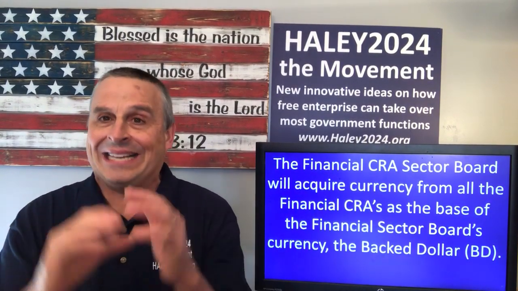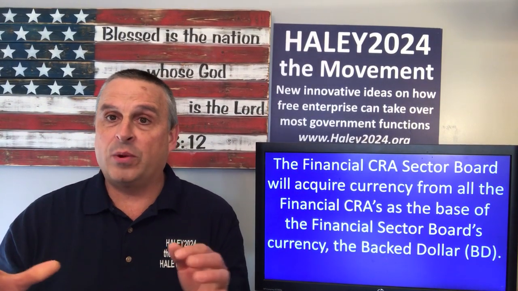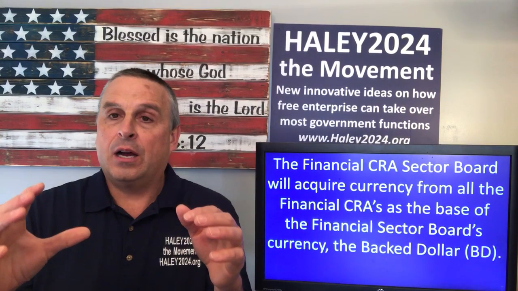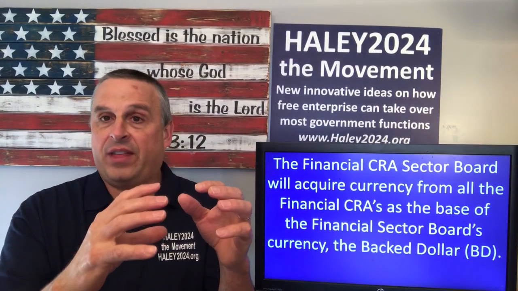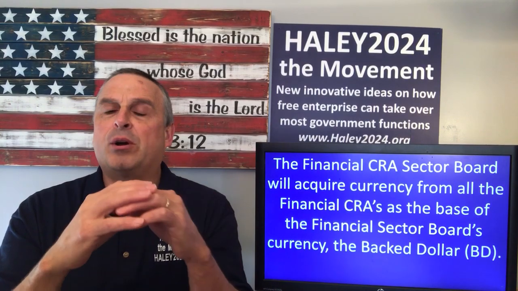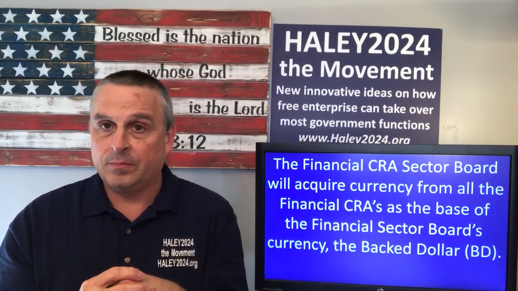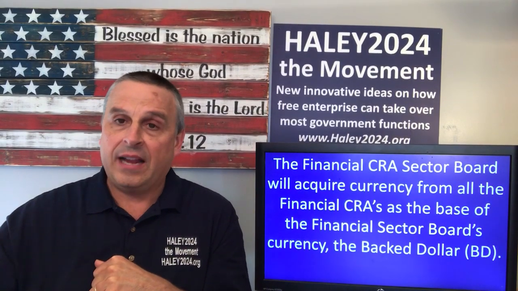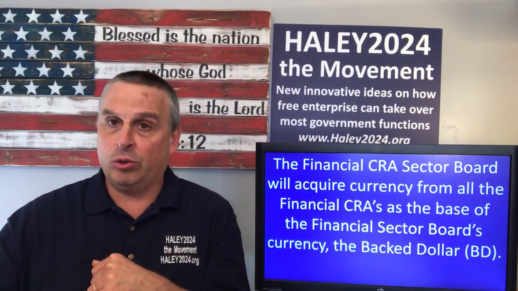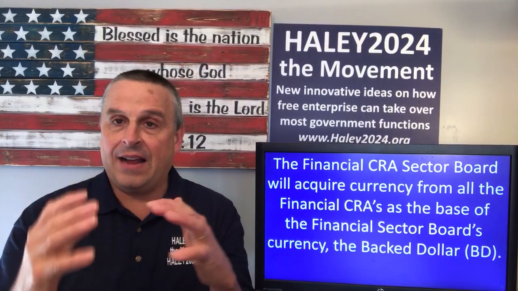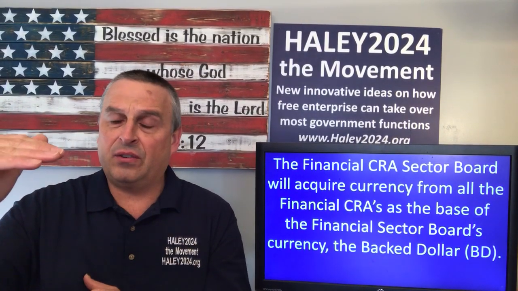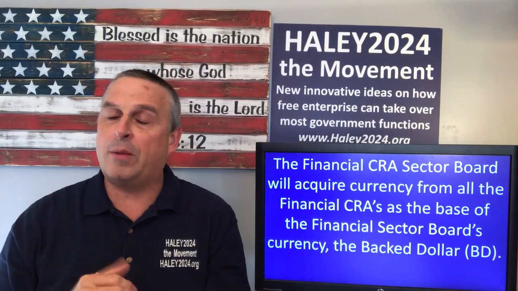Then they're going to create an average. First of all, when they acquire that, they're going to have ownership over that. They're going to own that. And they're going to be able to issue paper and coin money from that. The CRAs at that level, they're going to do digital currency. The average at the representative level is going to do the paper and coin.